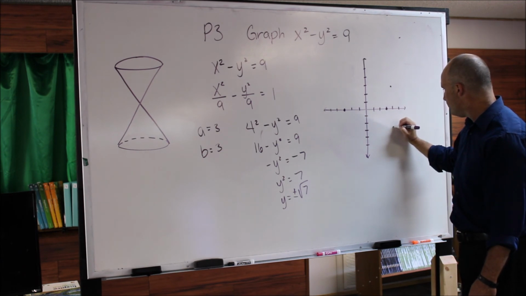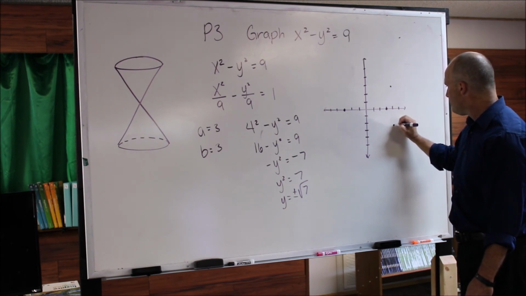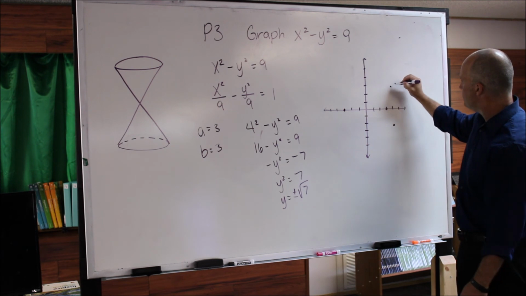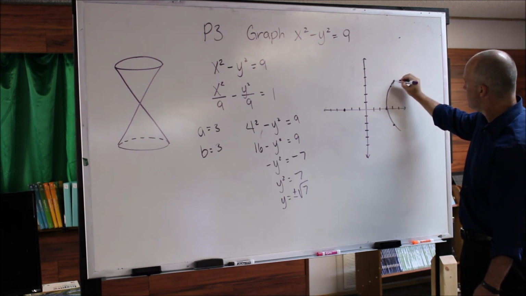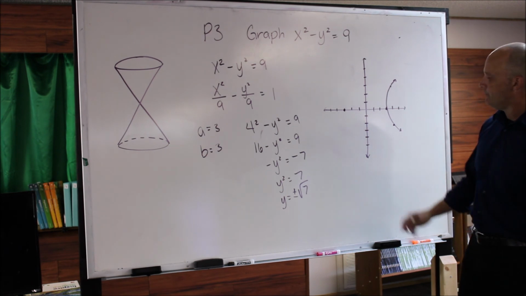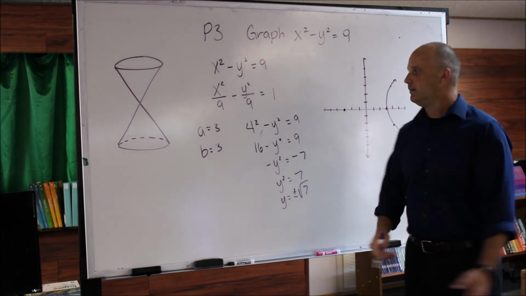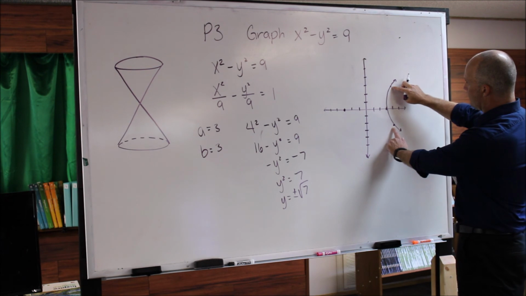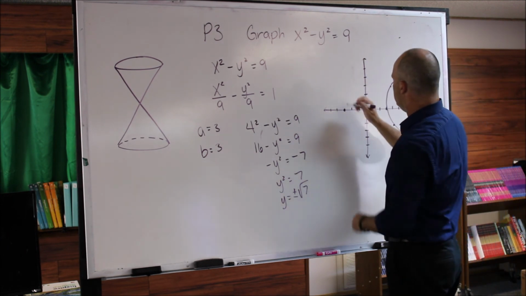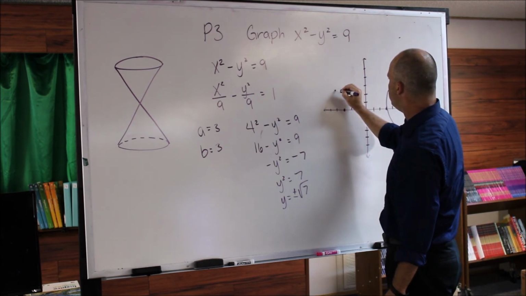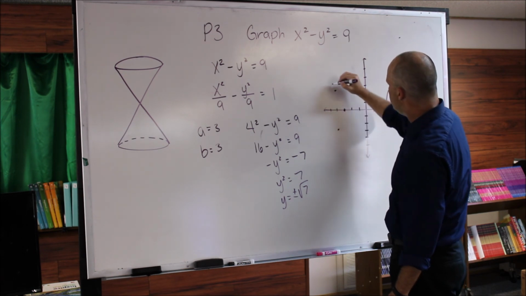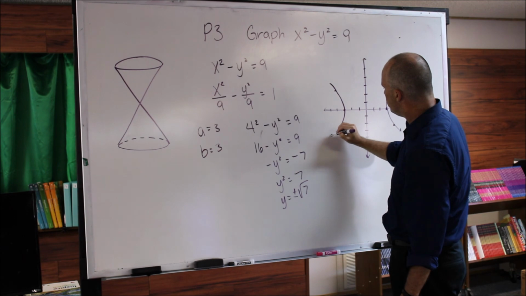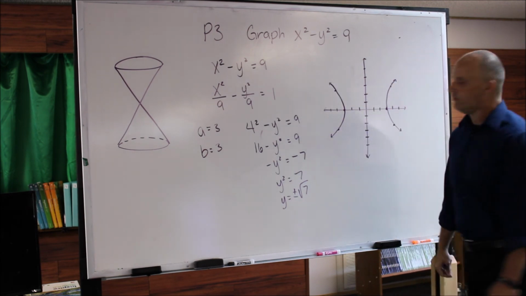So 2, 3, it's going to be right about there. And then I'm just going to draw this in. Okay, so there's the right side of it. Do the exact same thing on the left side. Use these exact same points for y. Just go over here and plug them in on x equals negative 4. And then sketch in a smooth graph. And there you have your hyperbolas.